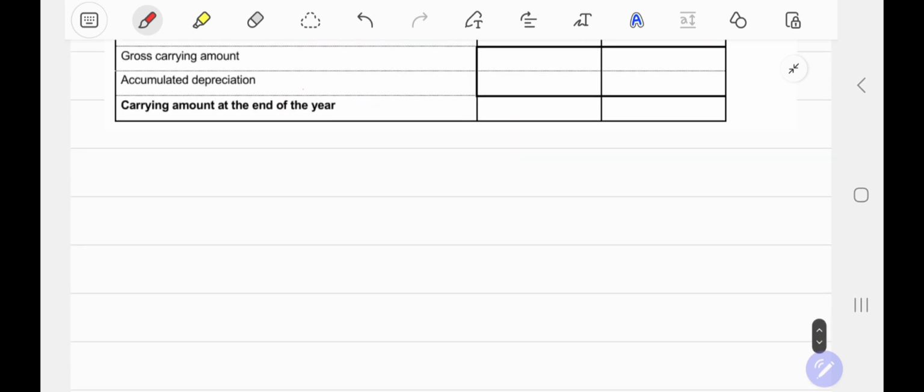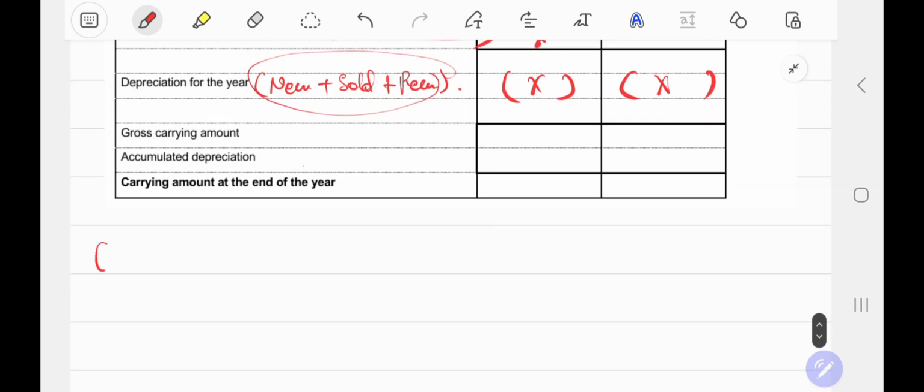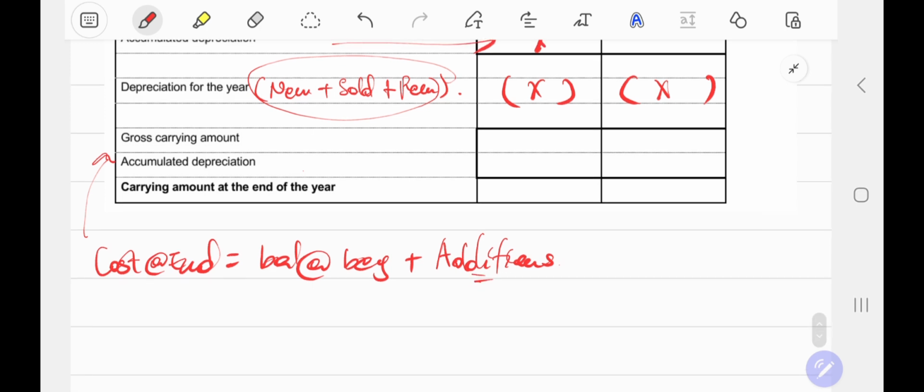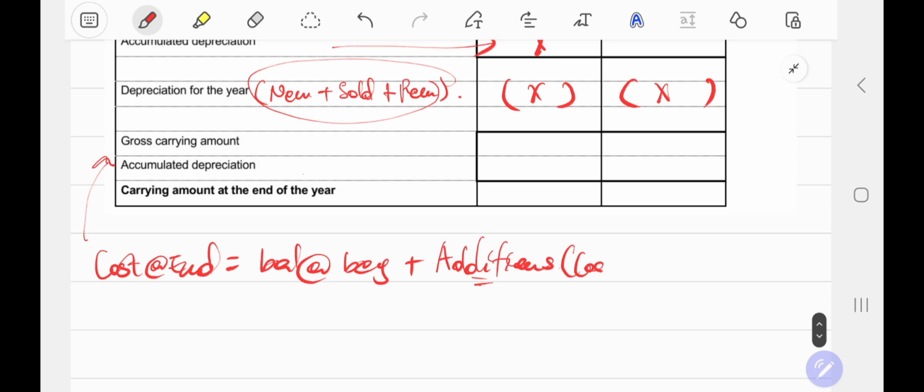To get the cost, which is this amount at the end, you take the balance at the beginning, then you add the new asset at cost, right?